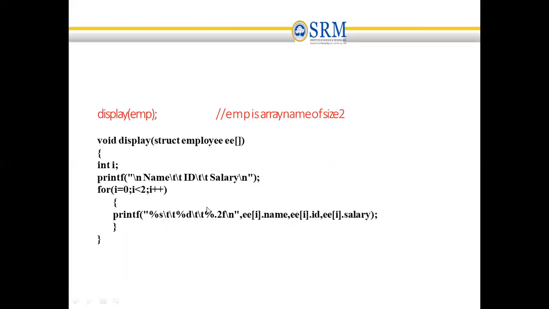Inside the function, I am supposed to use the formal variables. This is how I'm going to access the members, by mentioning the indices of the array. Since you had passed the entire array of structure, inside the display function I'm going to navigate through the indices and print all the instances of the structures.